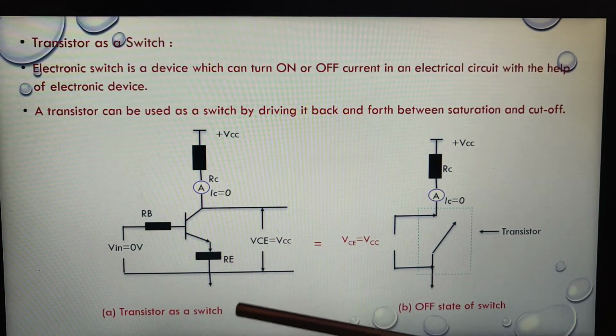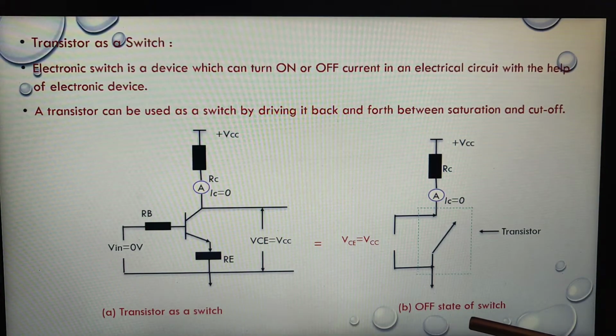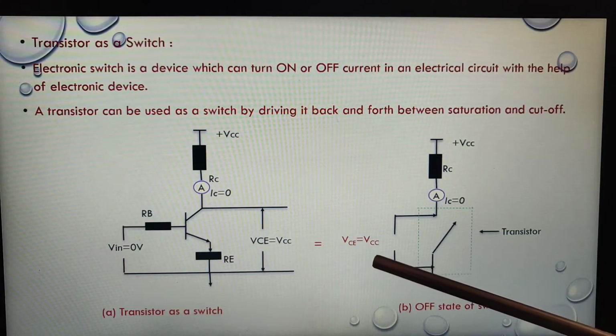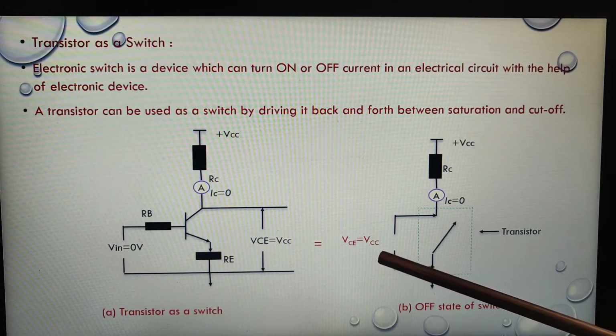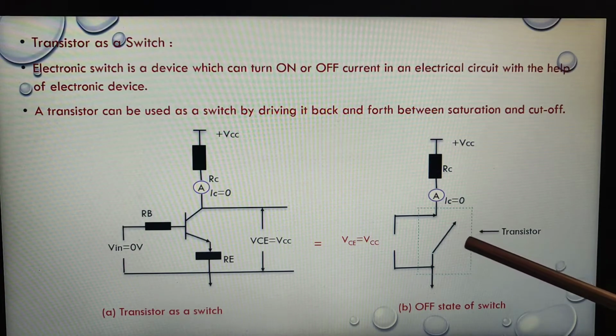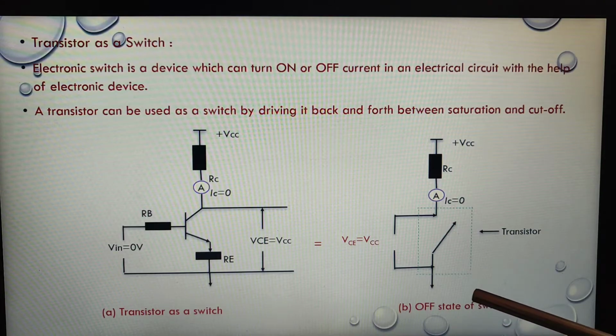This first diagram or circuit is transistor as a switch, and then the second, B, is the off state of the switch. Okay, in the off state of the switch, here we see VC equal to VCC. Then this is open, so it is called an off switch.